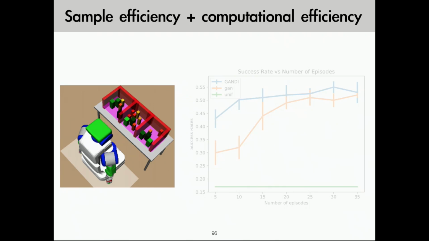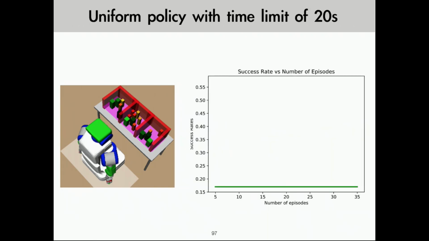Here the robot is in another warehousing type of task. It needs to stow some objects, 4 to 8 objects, into relatively crowded bins by selecting its base pose and the object placement poses. If you give a planner with the uniform random policy 20 seconds, it solves about 17% of the problems.